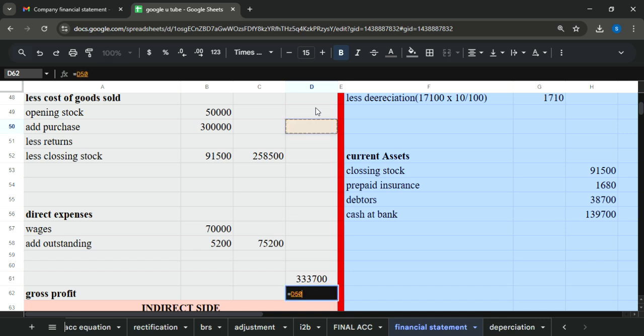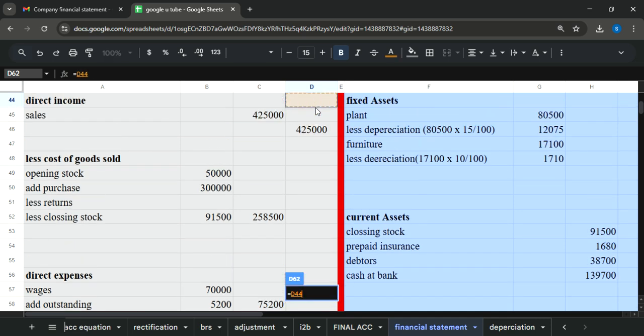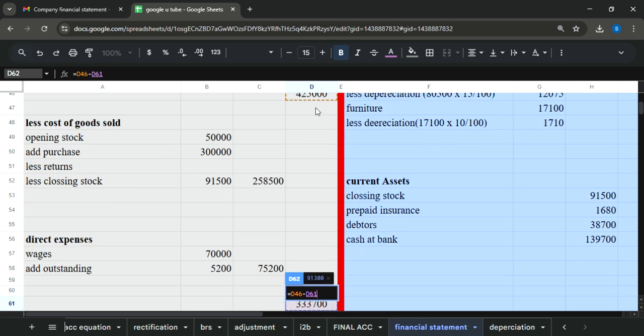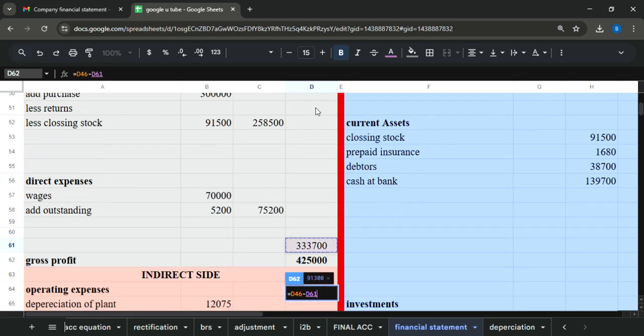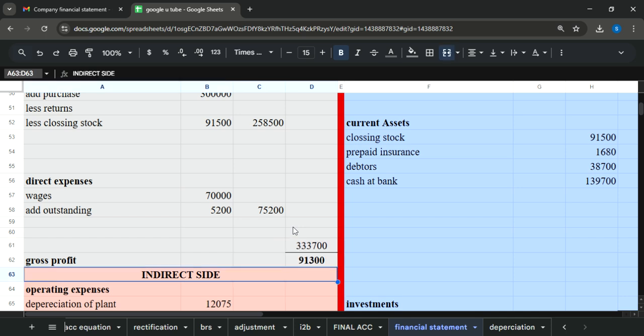Now we will be having our gross profit. How we will calculate it? Sales less the sum of all the elements related to cost of goods sold. So sales minus cost of goods sold, we will get our final answer, that is our gross profit.